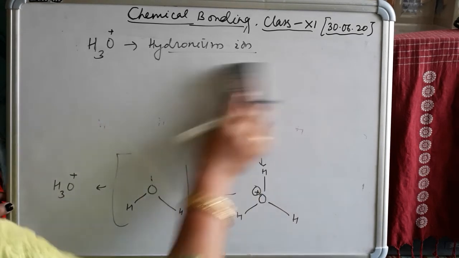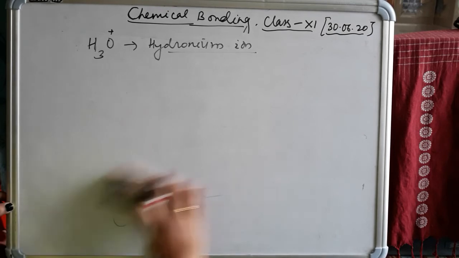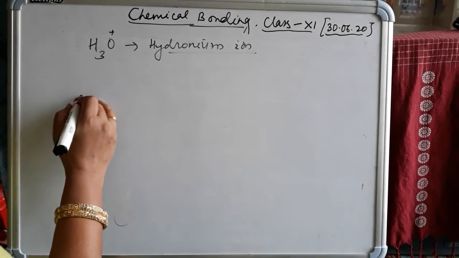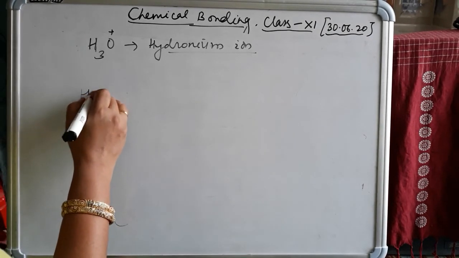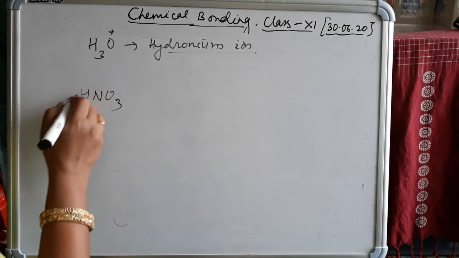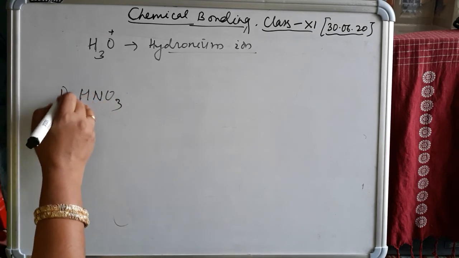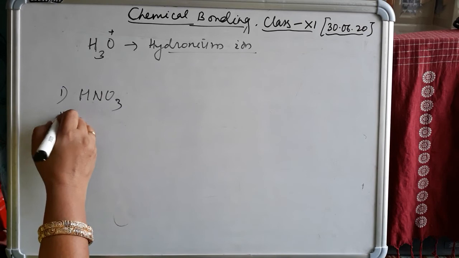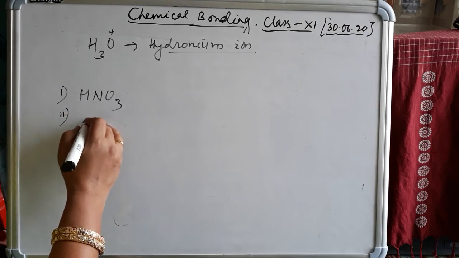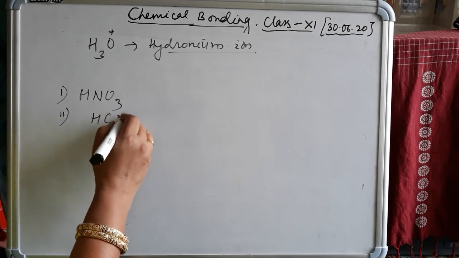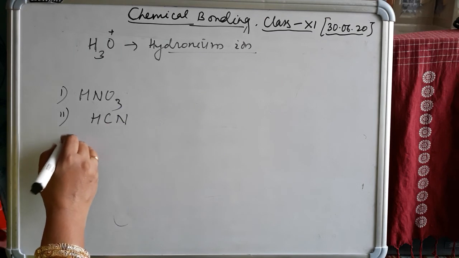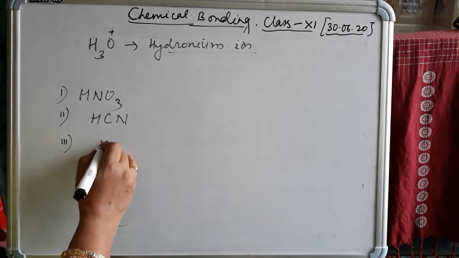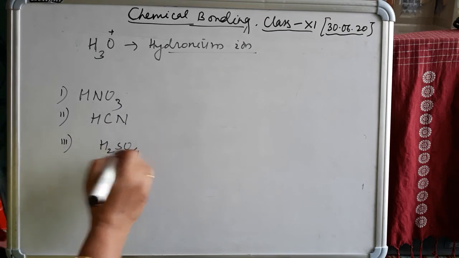So students, draw the coordinate bond of these molecules. It is your assignment. Number 1, HNO3. Number 2, hydrogen cyanide. Number 3, H2SO4.